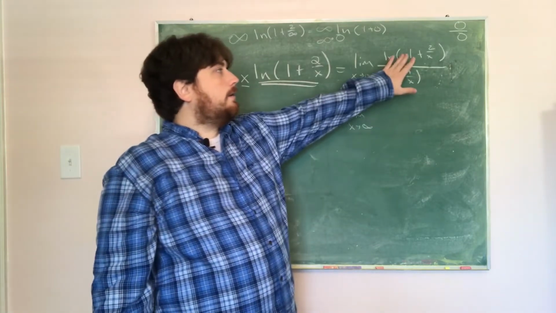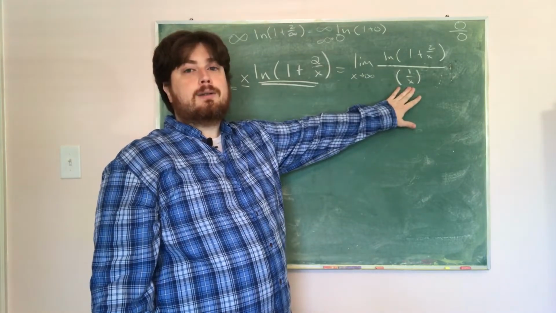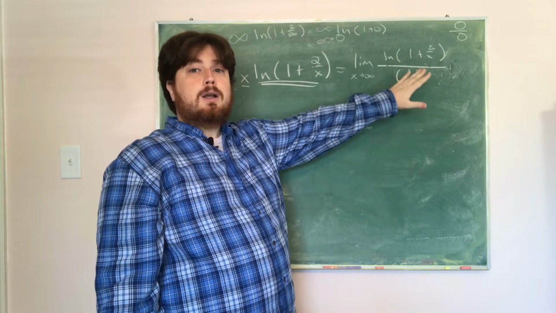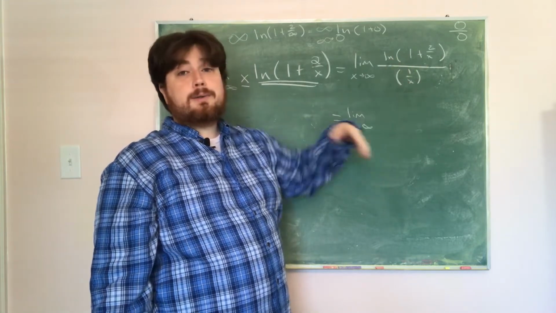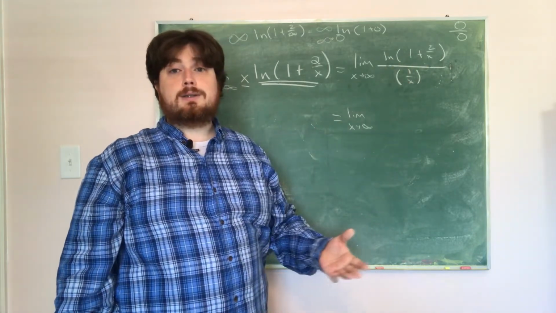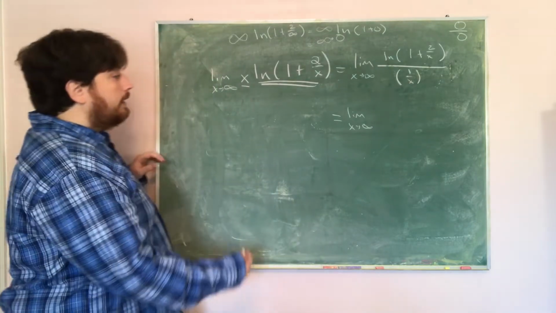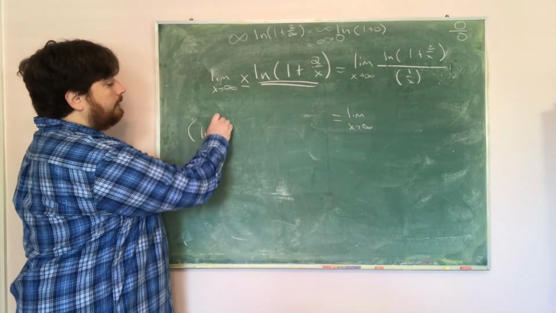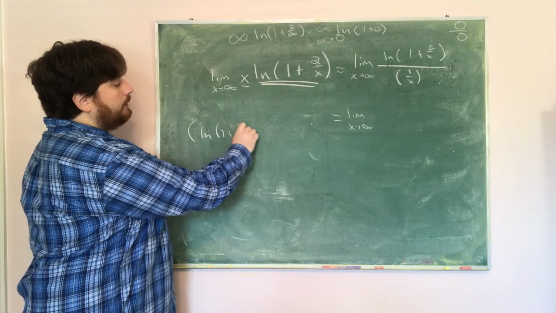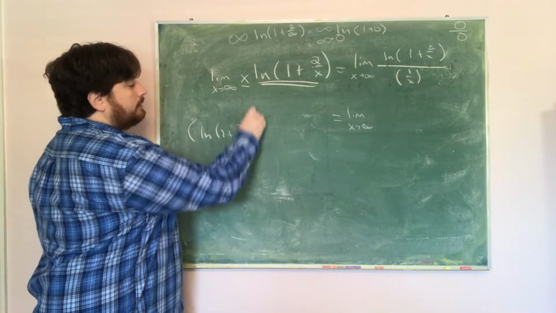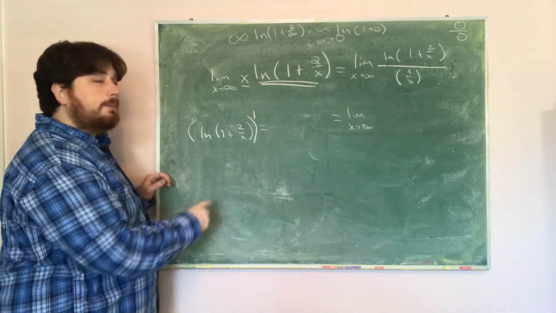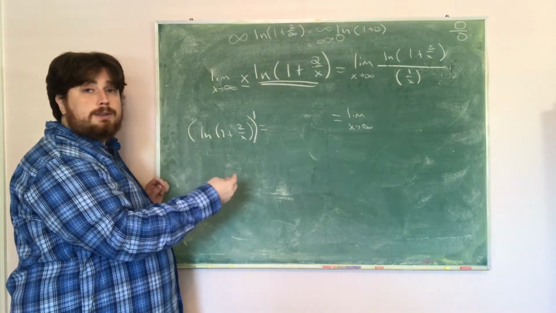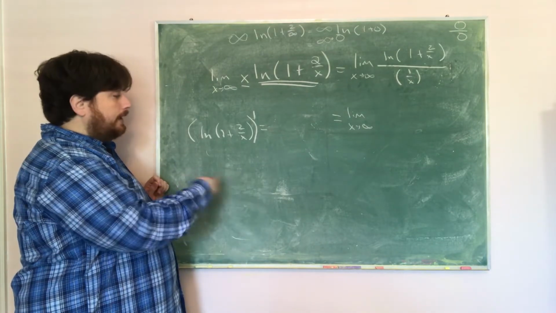Now, these are a little bit more complicated derivatives. They're not terribly difficult, but because they're a little more complicated, I'm going to go off to the side and do this instead of trying to do it all in my head. So if I try to find the derivative of natural log of 1 plus 2 over x, what I notice is that this is a chain rule.